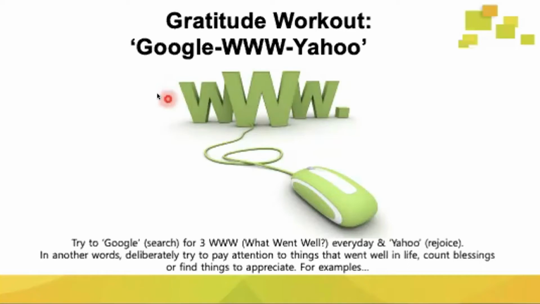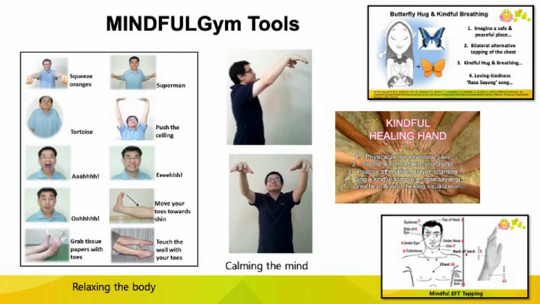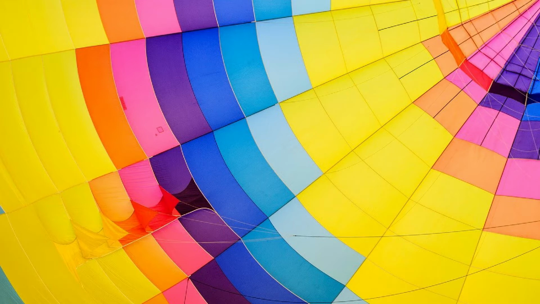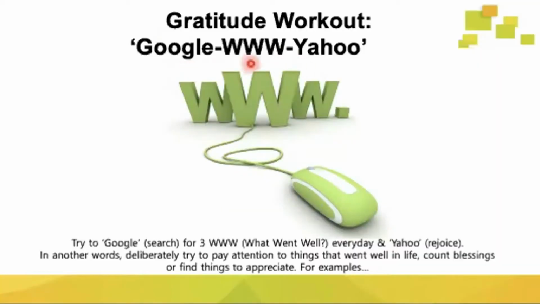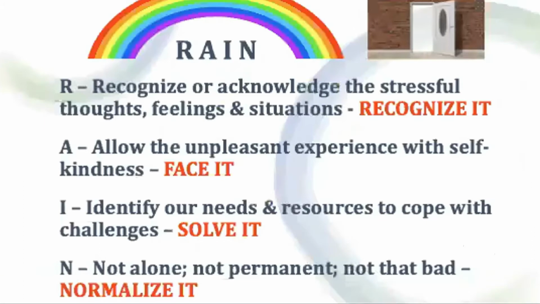When the present moment is unpleasant, we use the MindFulGym tools, AM, mindful vitamins, and mindful RAIN to help us be kind to the present moment. If the present moment is pleasant, when there are rainbows, we learn to be grateful using the Google What Went Well Yahoo exercise. So that is RAIN.